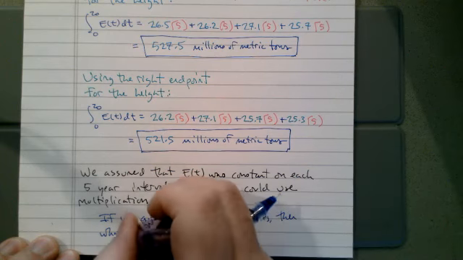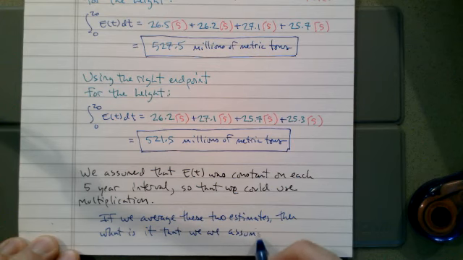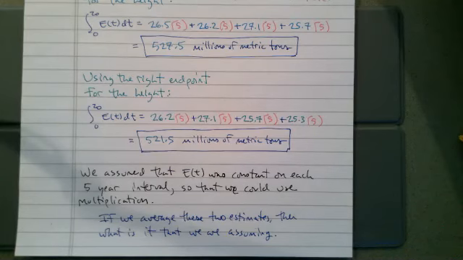Isn't it basically that every 5 years, 524.5 million metric tons of nitrogen oxides go out in the atmosphere?